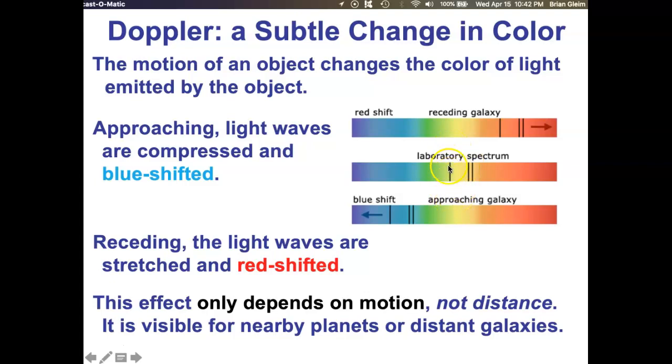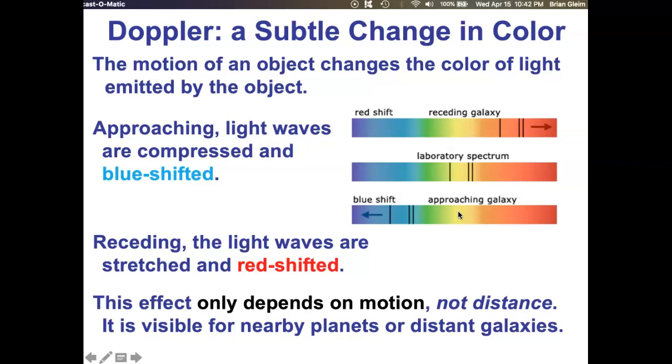Take those absorption lines from the galaxy, and if those absorption lines are redshifted, the galaxy must be moving away from you. If the galaxy is blueshifted, it must be moving toward you, and how fast the galaxy is moving determines the degree of the redshift or the blueshift.